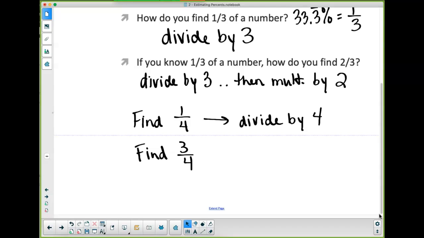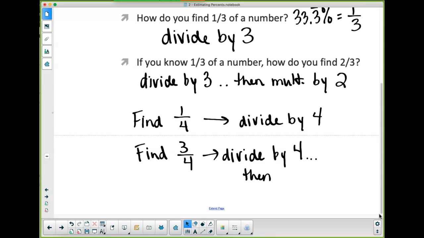How do I find 3/4? I'm going to start with divide by 4. Then what? If I know 1/4, how do I get 3/4?